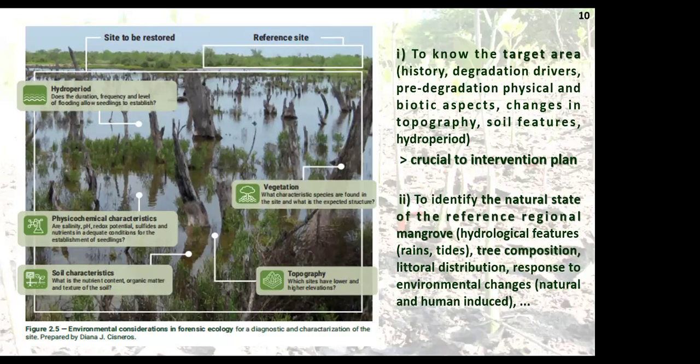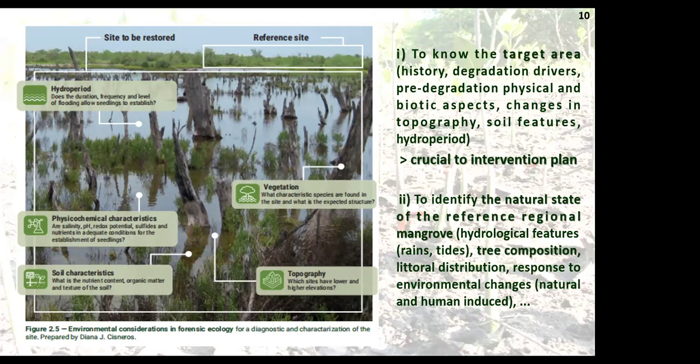Together with this, you need to identify the natural state of the regional mangroves. You need to use a close mangrove stand that was preserved, or if you don't have a preserved mangrove in the estuary, in a close region to the target area. And it's very important because you need to understand the hydrological features of this reference mangrove.